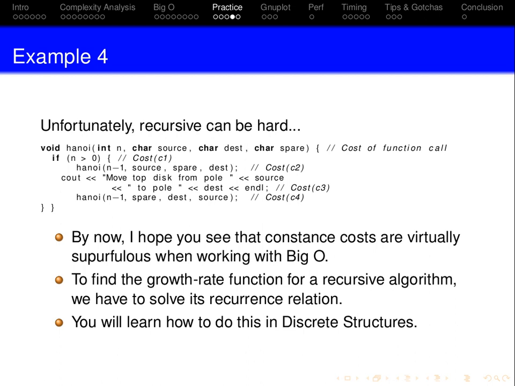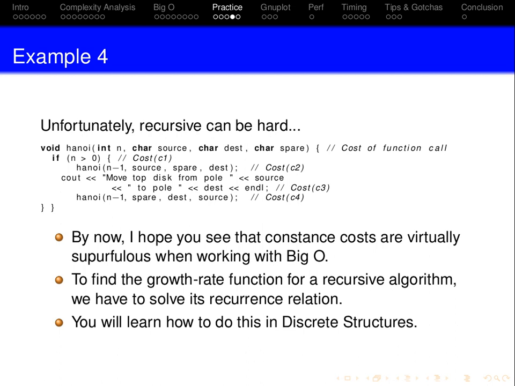What are these numbers? Anyone know what that is? Or can anyone recognize? Factorial? Not factorial. Exponential. It's exponential. That's close. It's 2 to the n.